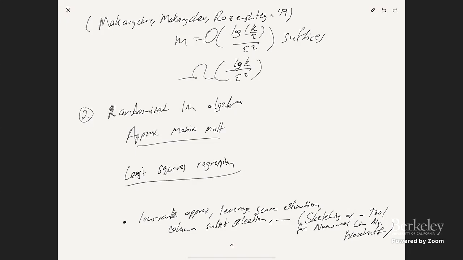So approximate matrix multiplication, what's the idea there? I have two big matrices, A and B. So let's say A is a matrix which is A by N, and B is a matrix which is N by B. Actually, let me change this up a little bit.